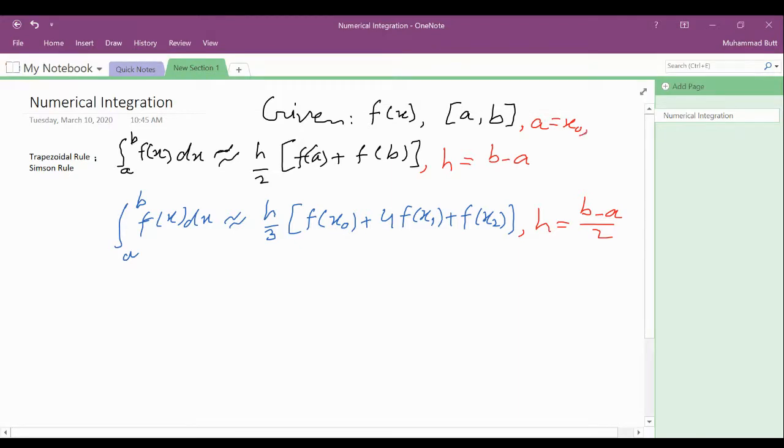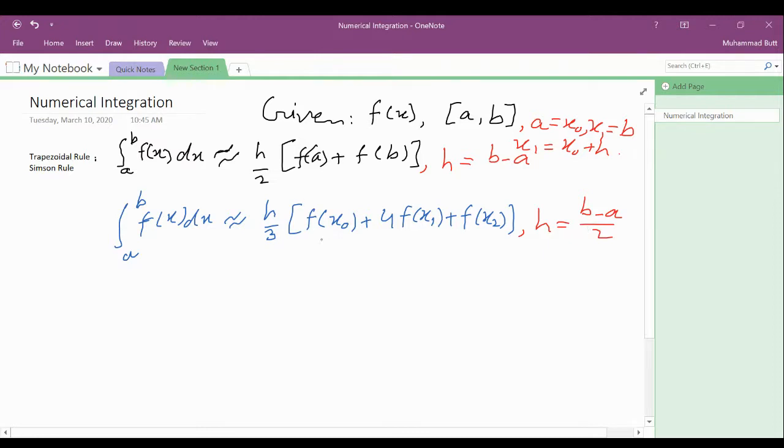Whatever is over x1, it will be b. Moreover, x1 is actually x naught plus h. I hope you got the idea. And here h is this one.